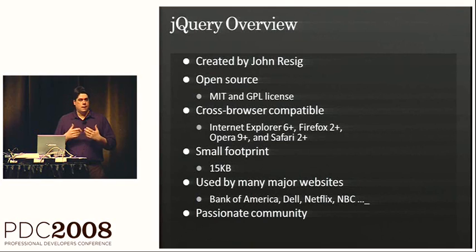He's always licensed it under an open source license. It's dual licensed under MIT and the GPL. If you're familiar with open source licenses, then you know that MIT is one of the least restrictive, so you can use it in commercial and non-commercial applications and modify it. So it's a very non-restrictive license.